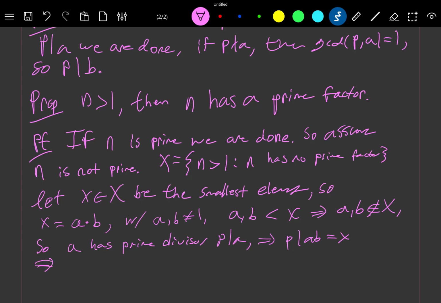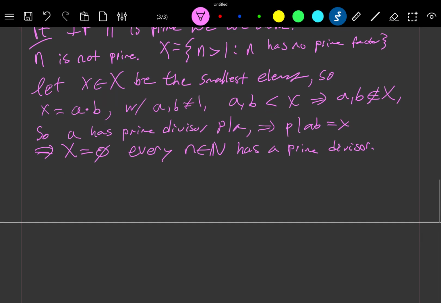So this implies that X is the empty set, i.e. every natural number has a prime divisor. So we've just shown that every natural number has a prime divisor. So let's keep going.